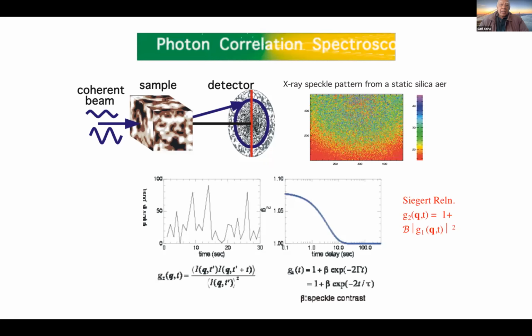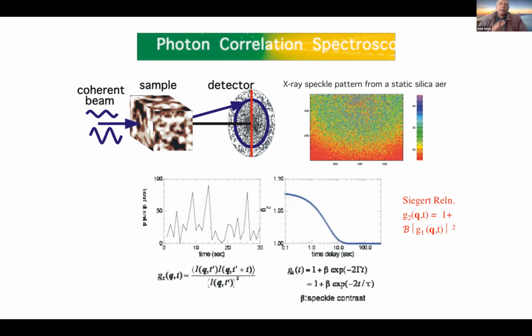Now, this is based, of course, on the Siegert relationship, which says that G2(Q,t), the function that you measure as a function of Q and time, the time difference between the two channels, is 1 plus B times the modulus of G1(Q,t) squared.